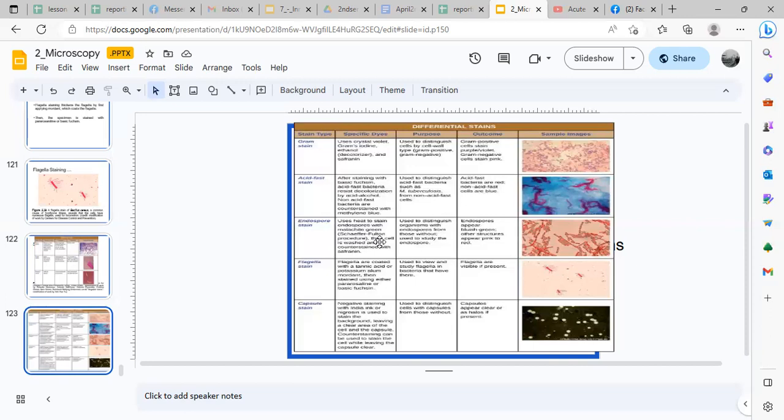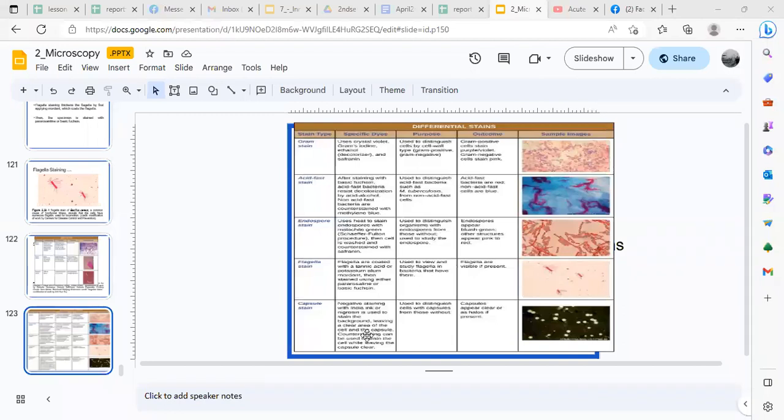This is if you want to view the flagella. Okay.